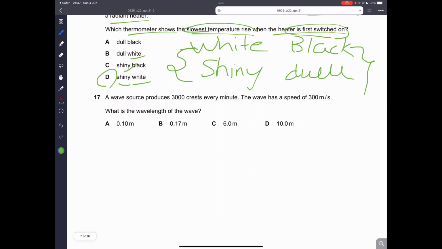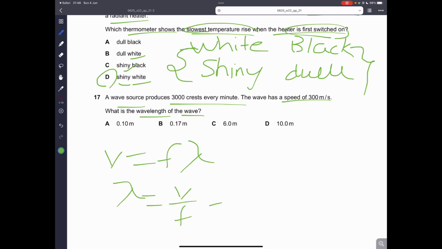Question 17. A wave source produces 3,000 crests every minute. The wave has a speed of 300 meters per second. What is the wavelength of the wave? Well, I use the formula v = fλ. So rearrange the equation. And the speed here is 300 meters per second.